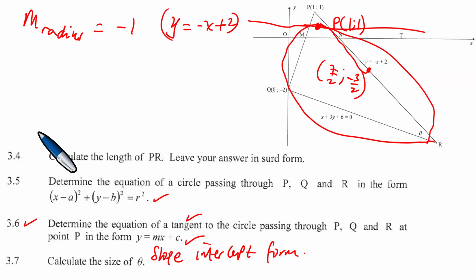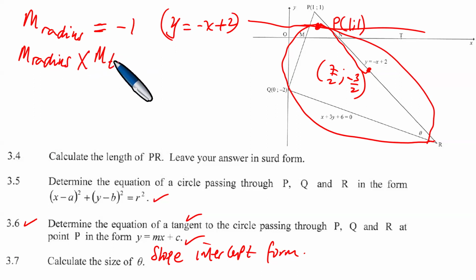If the gradient then is -1, what do we then do? We know that the gradient of a radius multiplied by the gradient of a tangent to a circle is always -1.